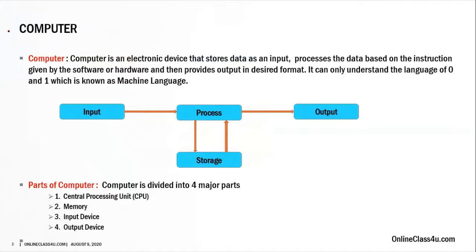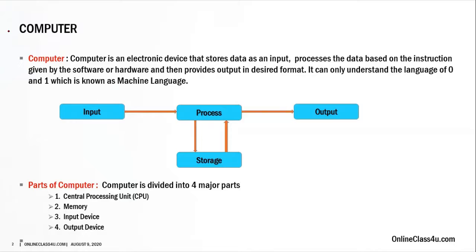Now, if we move on to the first slide, here I'll explain this input. What is input? Basically, the data which is sent to the CPU is known as the input. So from input, first the data will go to the CPU. CPU is again divided into the arithmetic and logic unit, control unit, and the memory. First, the data coming from the input device goes to the memory.